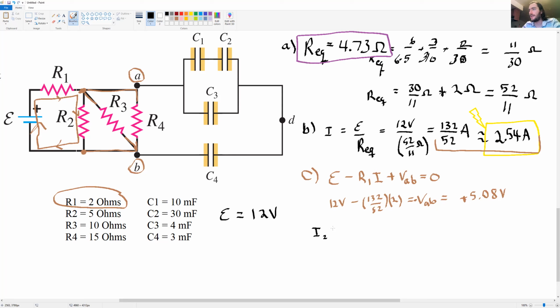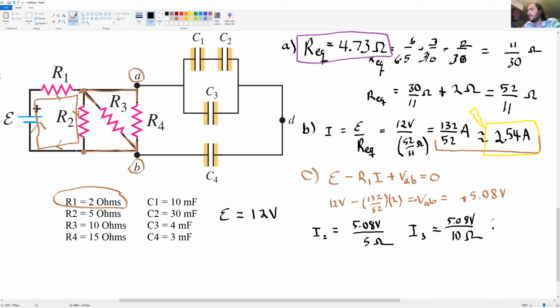I'm going to take I2 is 5.08 volts divided by R2, which is 5 ohms. For I3, I'm going to take 5.08 volts, and I'm just going to divide it by R3, which is 10 ohms.